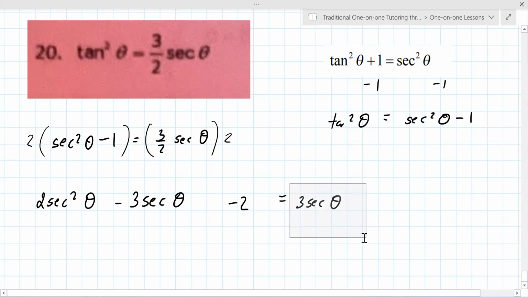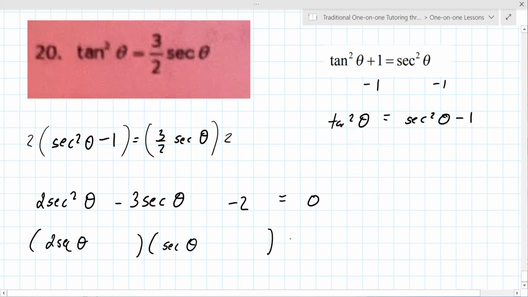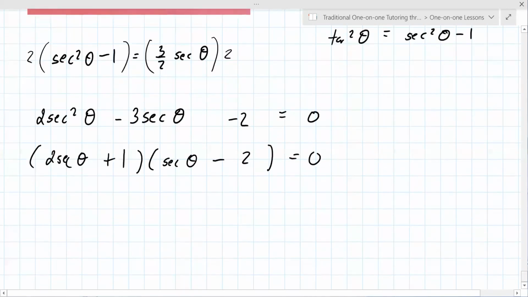And like the previous problem, you factor 2 secant theta, so like minus 2 plus 1. You can check these later if you want to see how they work, but because it's a previous class, they're like, oh yeah, you should know how to do this. I don't know if that's fair or not, but that's what they say.